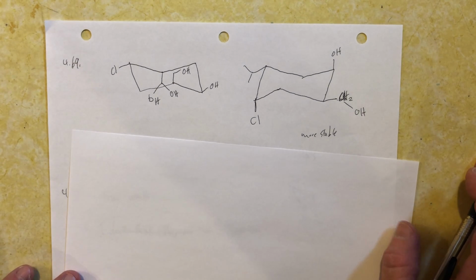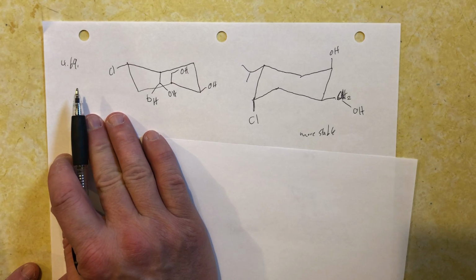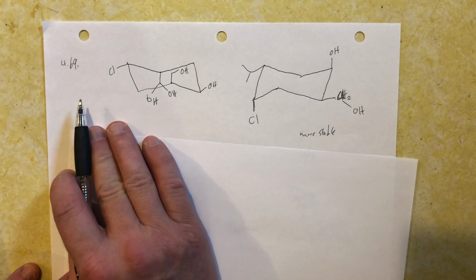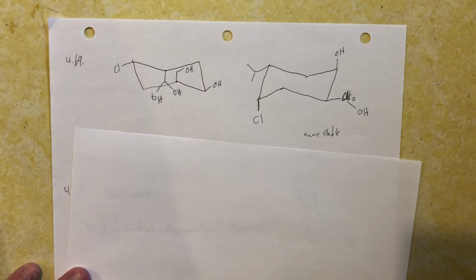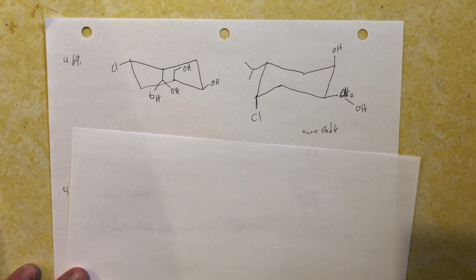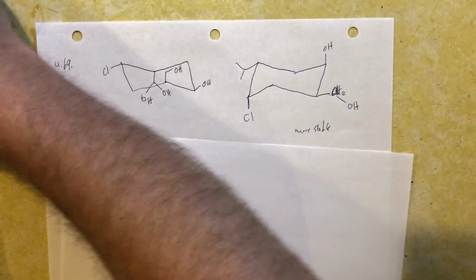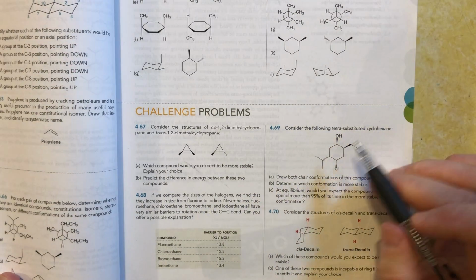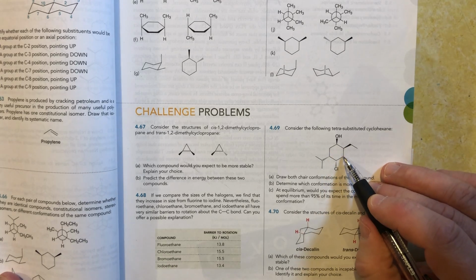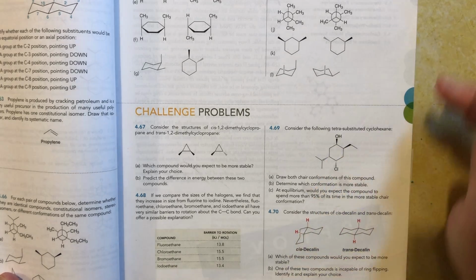for page 187, this one here, next to last one, consider the tetra substituted cyclohexane. That means there's 4 groups substituted. If you draw both chair conformations of this compound, I started with the carbons, I labeled them 1, 2, 3, 4, 5.